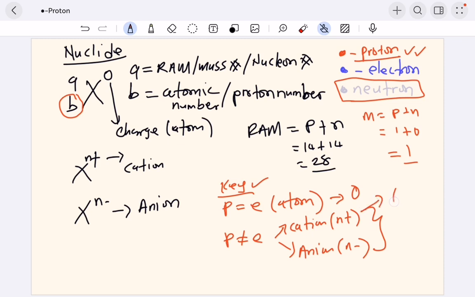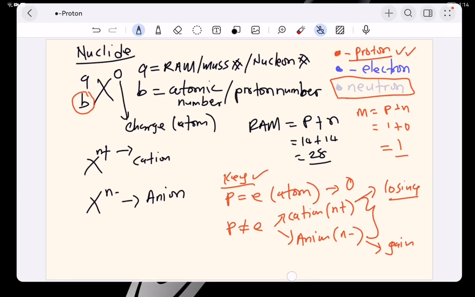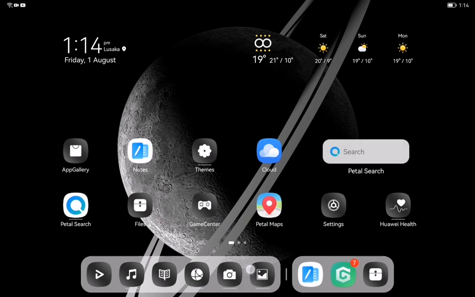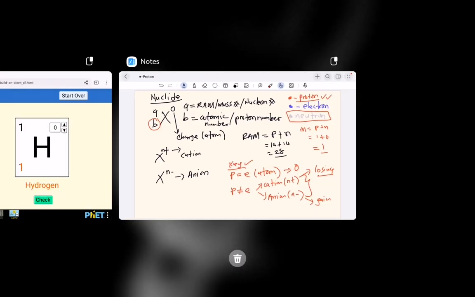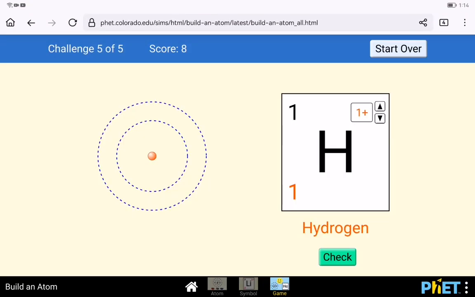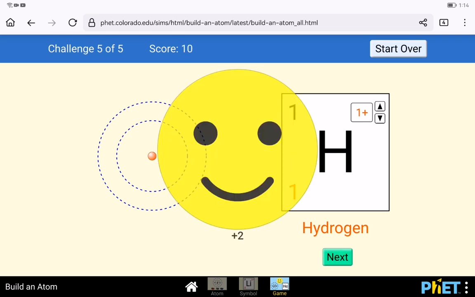Positive means losing, negative means gaining. So it looks like we have lost an electron. Therefore, if the P is not equal to E, then it has to be a positive one. And the answer is correct.